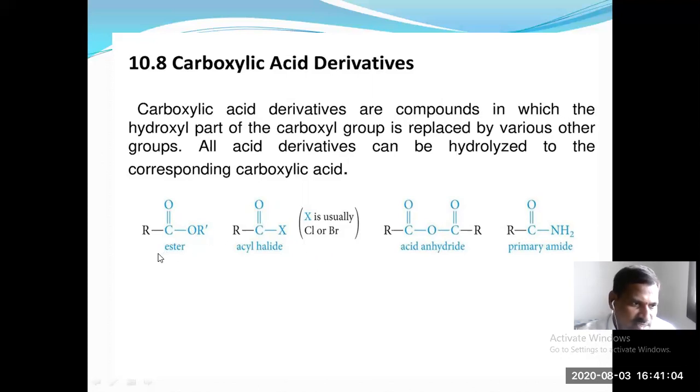Today we discussed the preparation of esters, reactions of esters, and the preparation and reactions of acid chlorides. In the next class we will discuss the preparation and properties of acid anhydrides and primary amides.